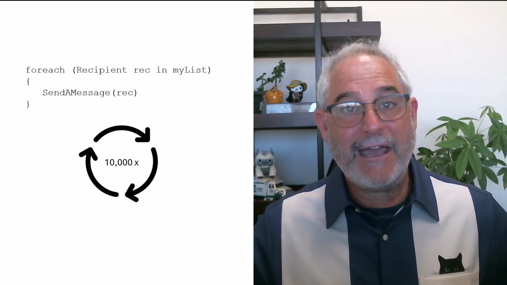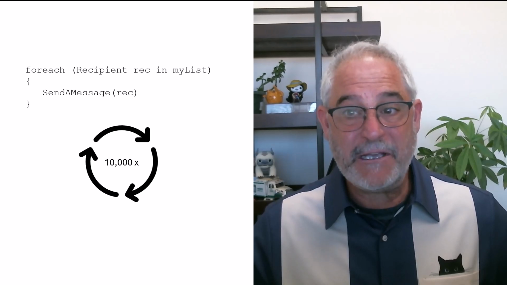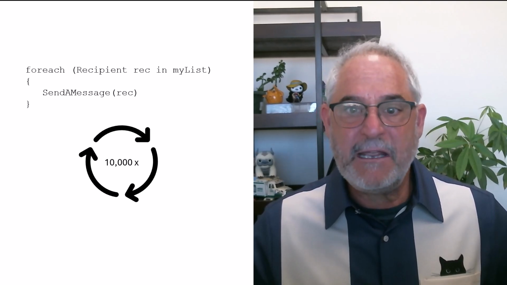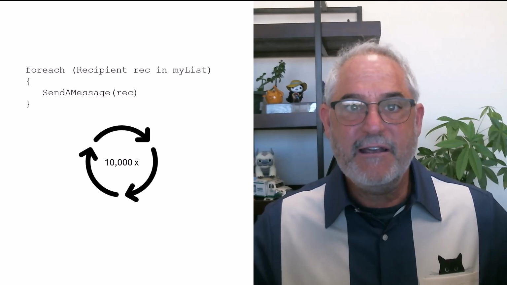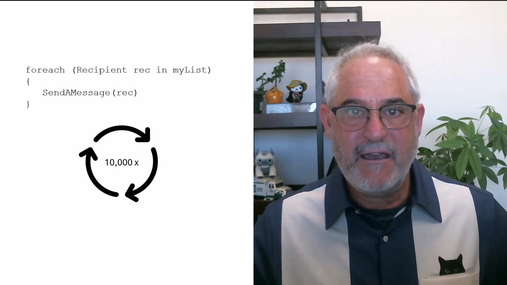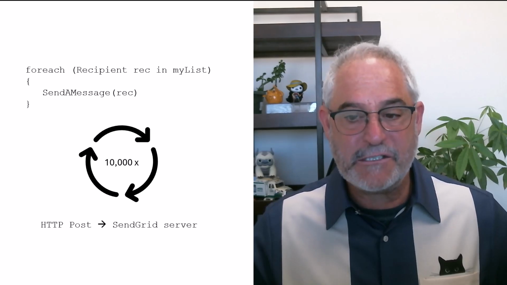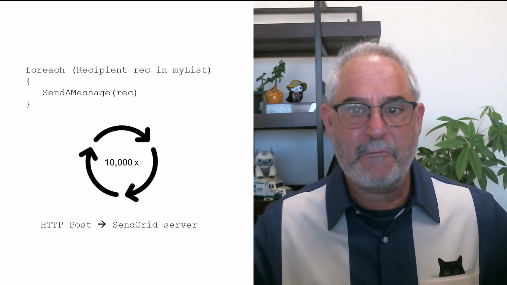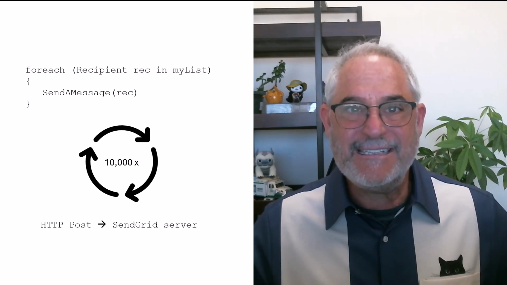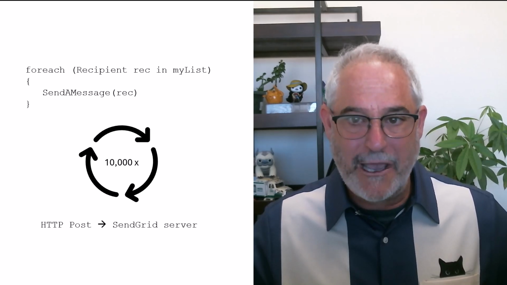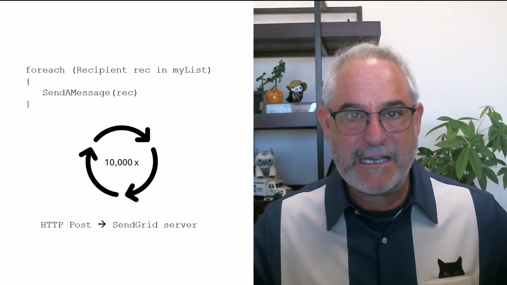Let's say you had 10,000 recipients in your list. This would mean that this loop would execute 10,000 times. And remember, each of those calls is an HTTP post to the SendGrid server. So this is a very inefficient way to send your 10,000 messages.